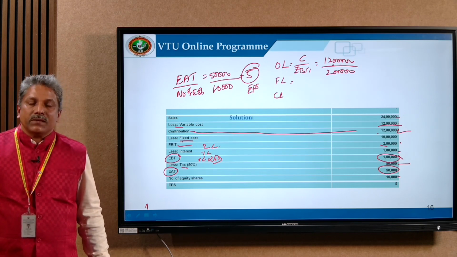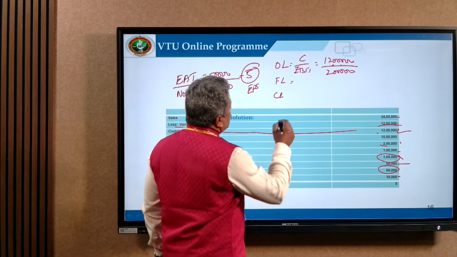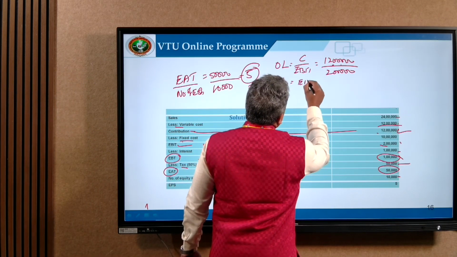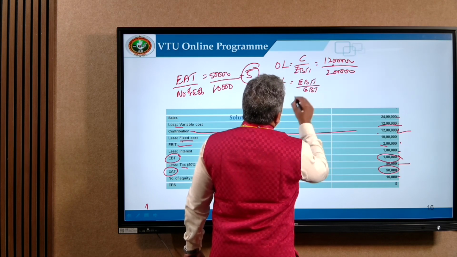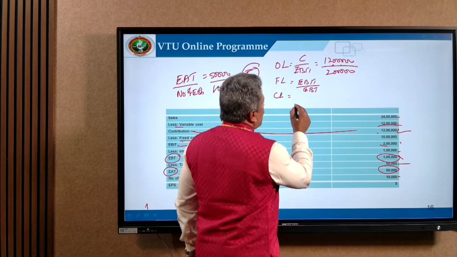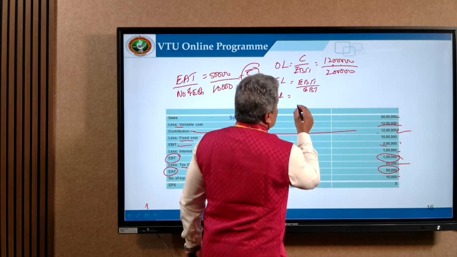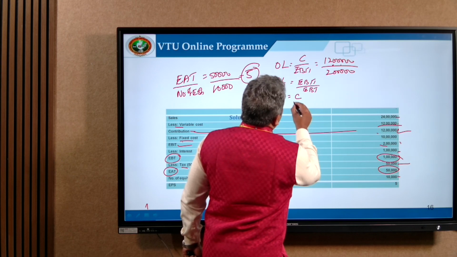Financial leverage is EBIT divided by EBT, and combined leverage is equal to operating leverage multiplied by financial leverage, or it is equal to contribution divided by EBT.